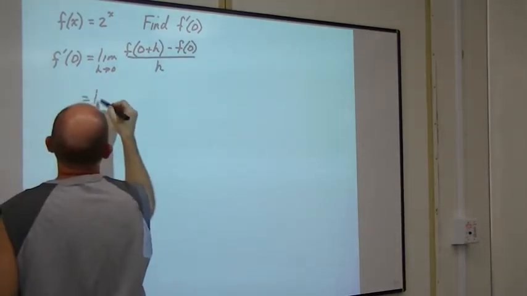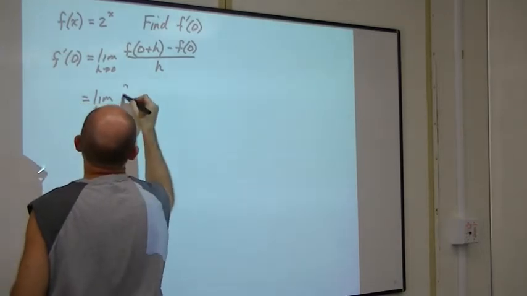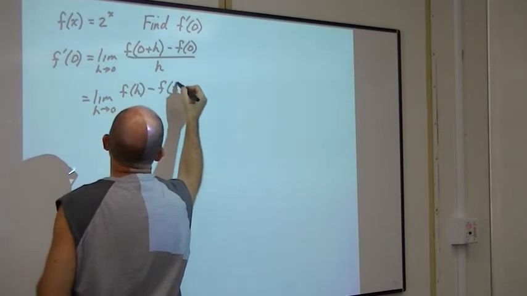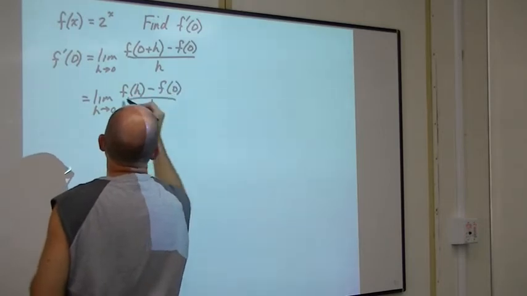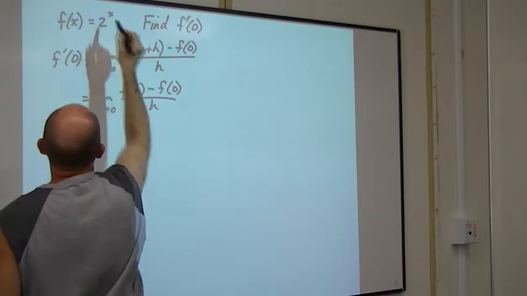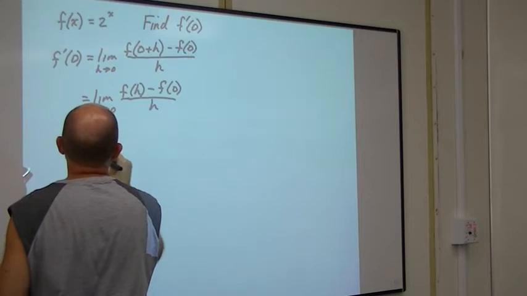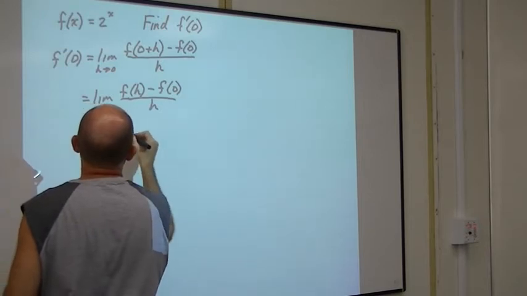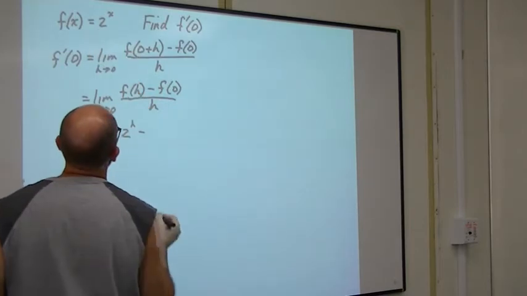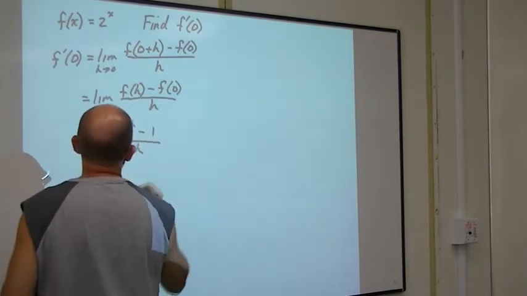So we can say that's the limit as h approaches 0 of just f of h minus f of 0 all over h. Okay, so now, what's f of h? Well, it's 2 to the h. So we have limit as h approaches 0 of 2 to the h minus f of 0, which would be 2 to 0, which is 1, over h.